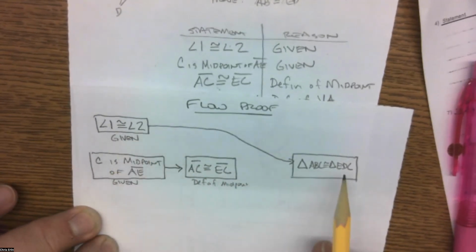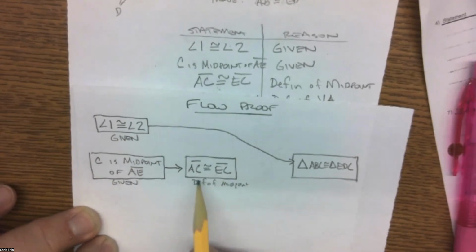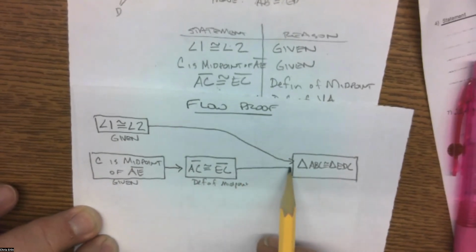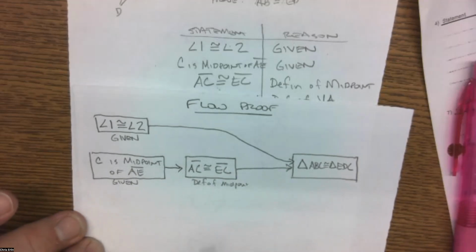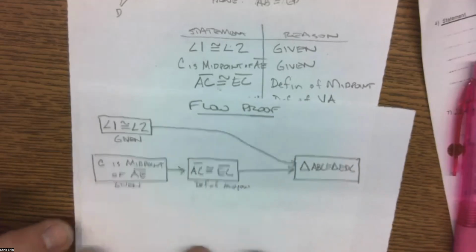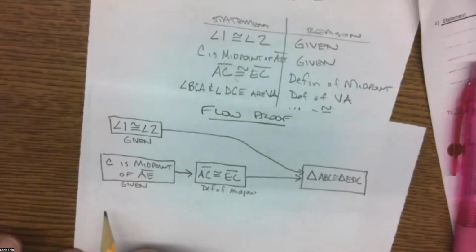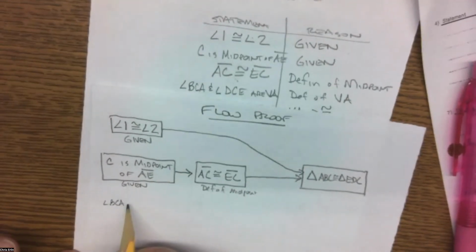And that's an angle that's in these triangles. Now I've got a side length that's, again, part of these triangles, AC and EC. What's the third fact I need to get my third chunk here? The vertical angle. So first I'm going to say angle BCA and angle DCE are vertical angles.